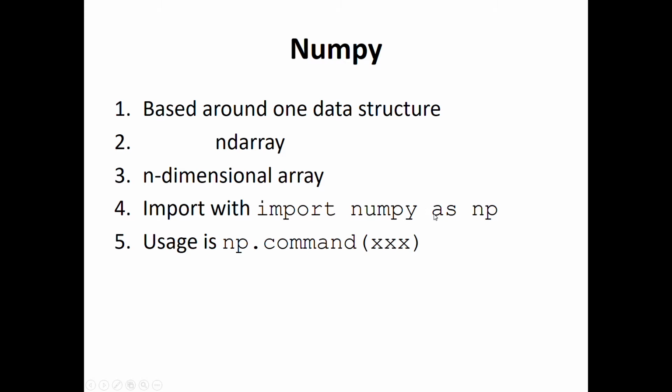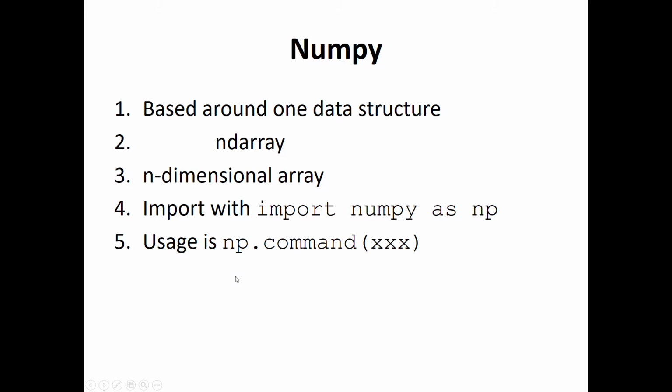If we don't use as NP, then instead of NP we have to keep using Numpy. So when we want to use Numpy, we use the word Numpy or use the word NP. We can use the word NP if we say import Numpy as NP.